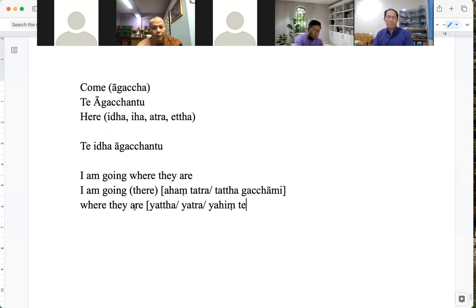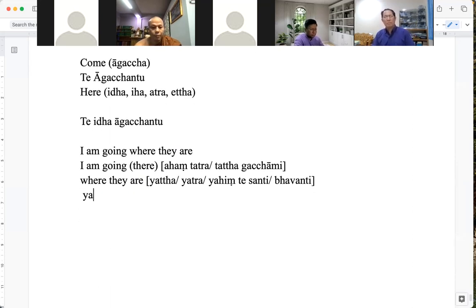They mean the same. And here are is santi, or bhavanti, anything you like. So now the whole sentence: yattha te santi, aham tattha gacchami, in this way.